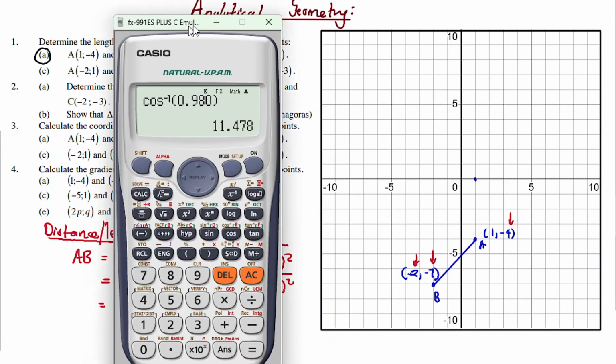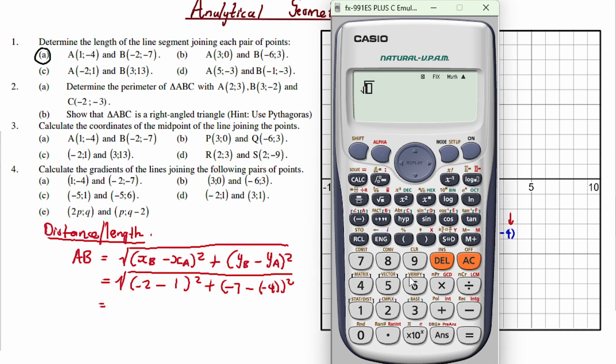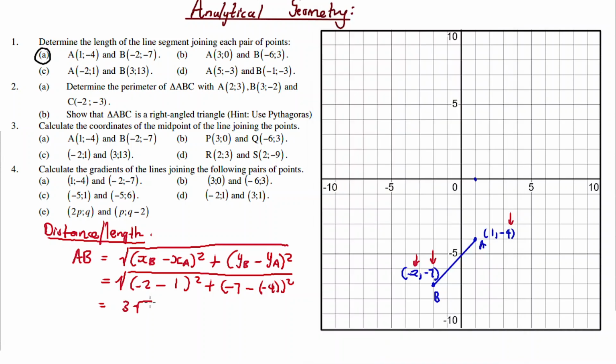Then we calculate the whole thing. It's the square root of minus 2 minus 1 squared plus minus 7 minus negative 4 squared. The answer is going to be 3 square root 2. So this is the distance between A and B.